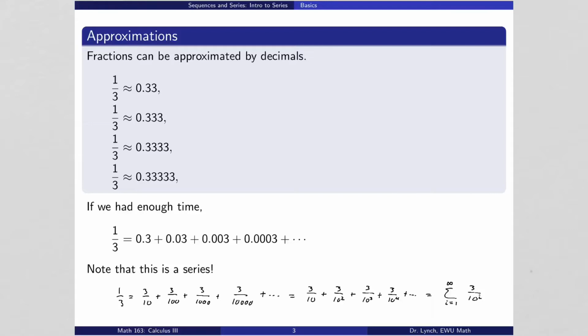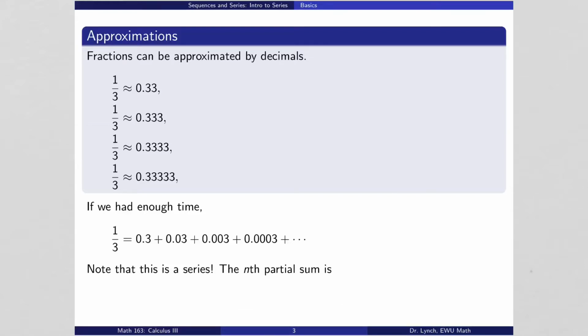Now, to give you a little bit of a preview of what we're going to be doing with these types of series, we'll think about the nth partial sum of this series. The nth partial sum means that instead of going out to infinity, we stop at n instead. I'll call it S sub n.